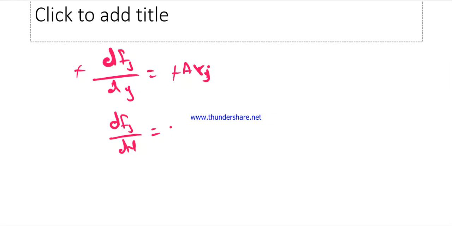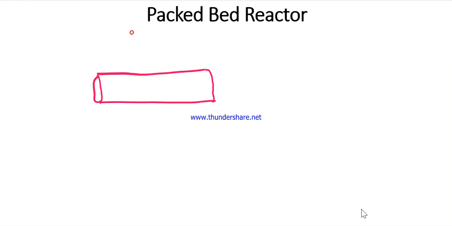Then dFj/dV is equal to rj. So to determine volume here, we can define the volume of the reactor to perform a particular conversion. We can have dV equal to dFj over rj. So that is the design equation.